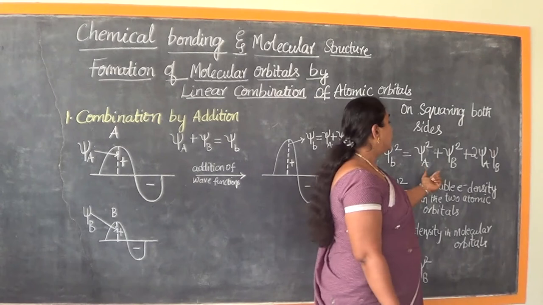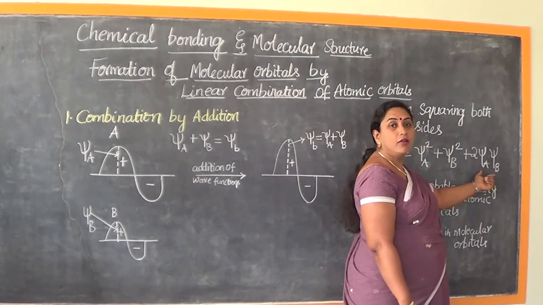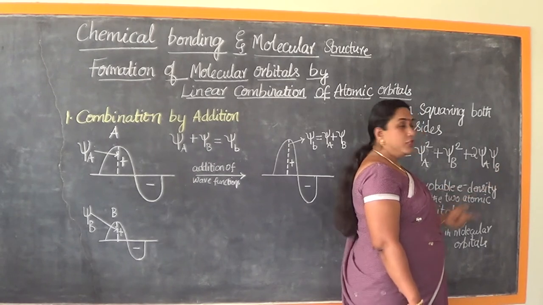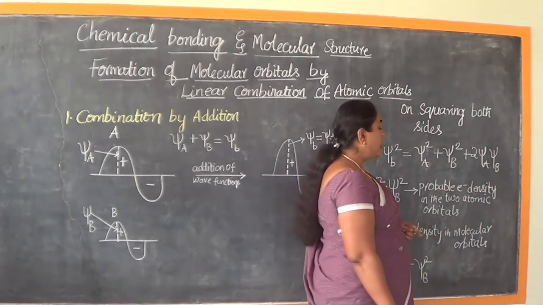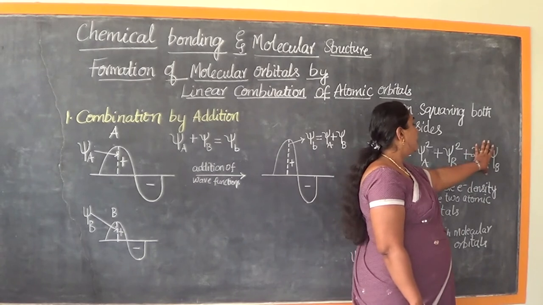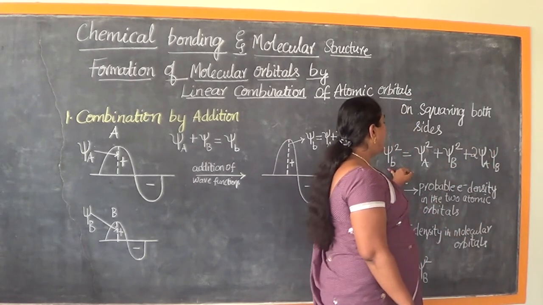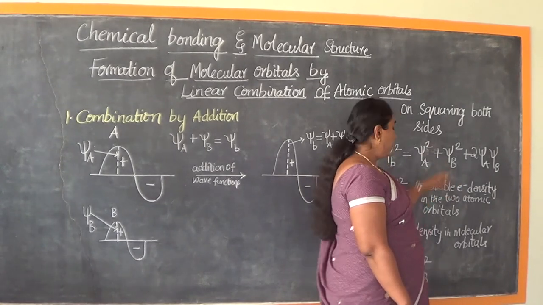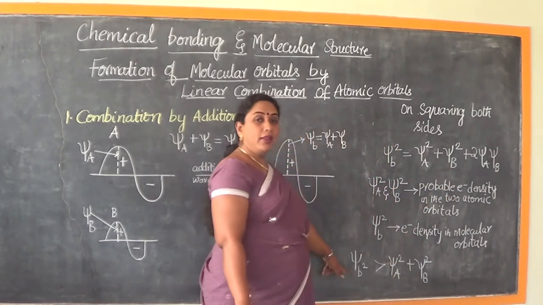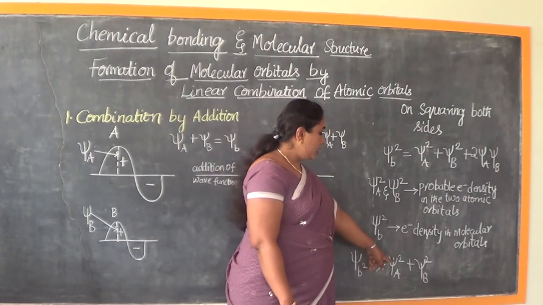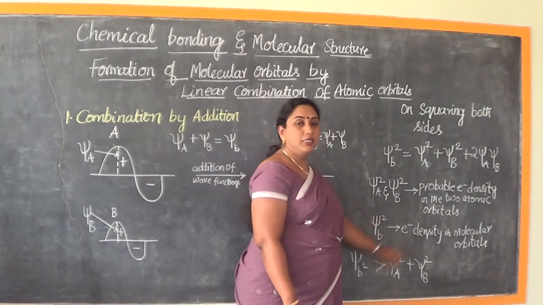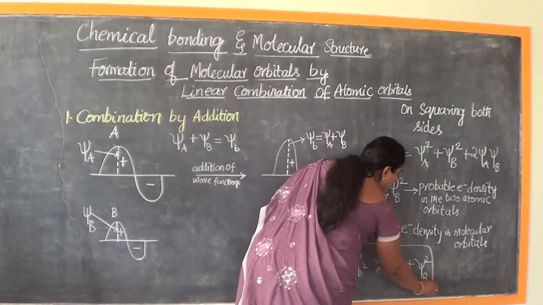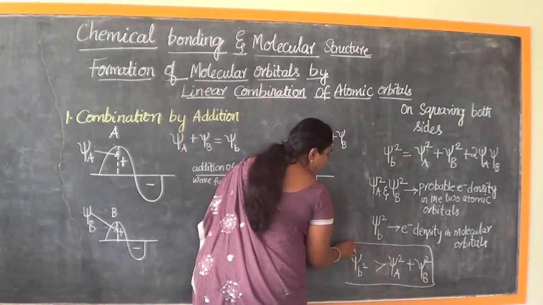In addition to this, we also need to add another component, that is 2 psi A psi B, which is a clear indication that psi b squared is not equal to psi A squared plus psi B squared. That means psi b squared is greater than psi A squared plus psi B squared. This is an important equation that you need to keep in mind.